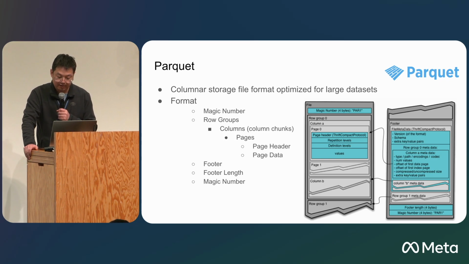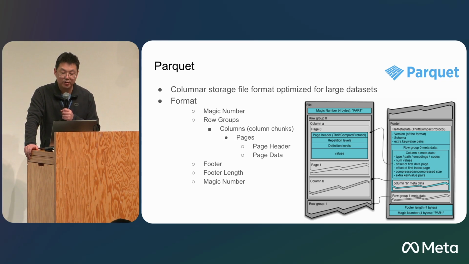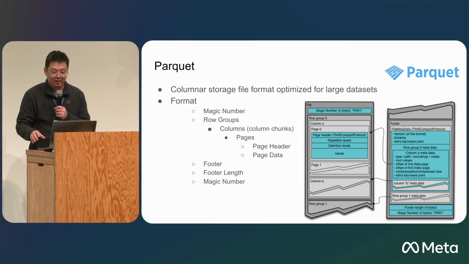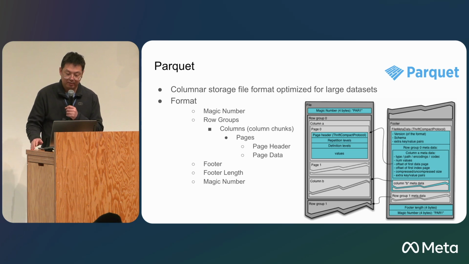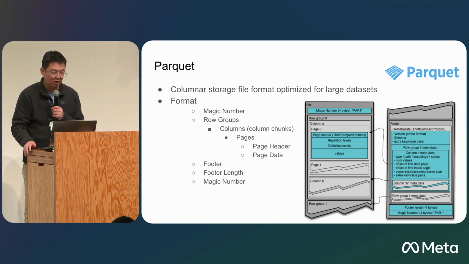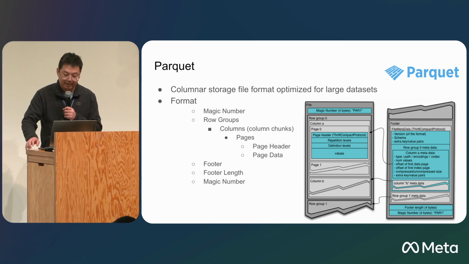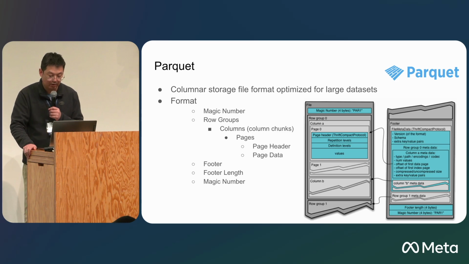On the left side of this graph, when you write a bunch of rows into a Parquet file, it divides rows into groups, and each group is called a row group. Inside each row group, the values of the same column are stored together. I think that's why it's called columnar storage. Inside row group 0, it has column A and column B, and maybe some other columns.